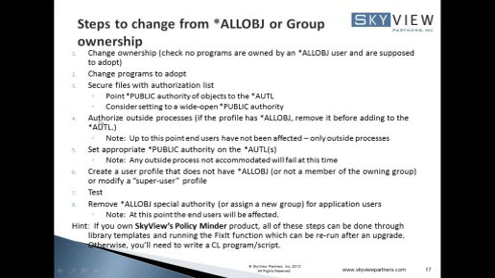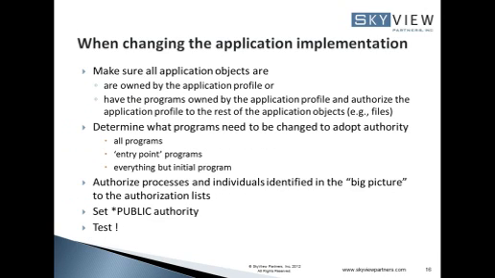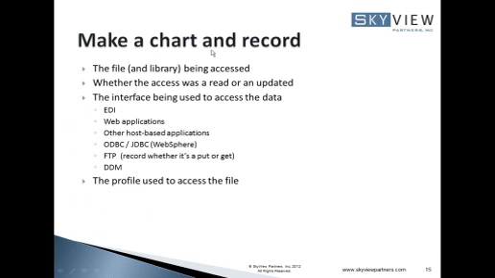So the next thing that I do is authorize outside processes. Again, I just make sure that I add these processes one at a time. And which processes am I talking about? It's these processes that I have in this chart that I have discovered are accessing the data within this application, and these are the processes that need to continue to work.